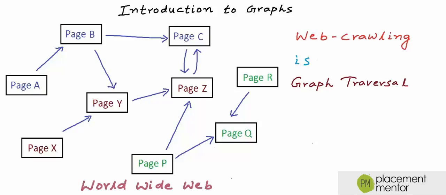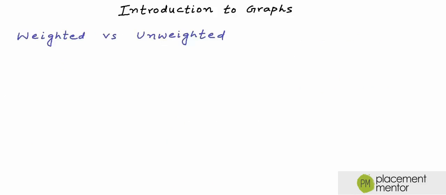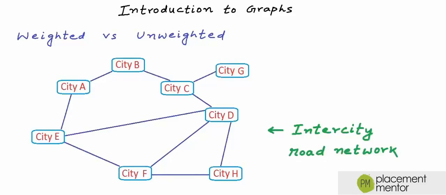Okay, now the next thing that I want to talk about is the concept of a weighted graph. Sometimes in a graph, all connections cannot be treated as equal. Some connections can be preferable to others. Like for example, we can represent intercity road network, that is the network of highways and freeways between cities, as an undirected graph.